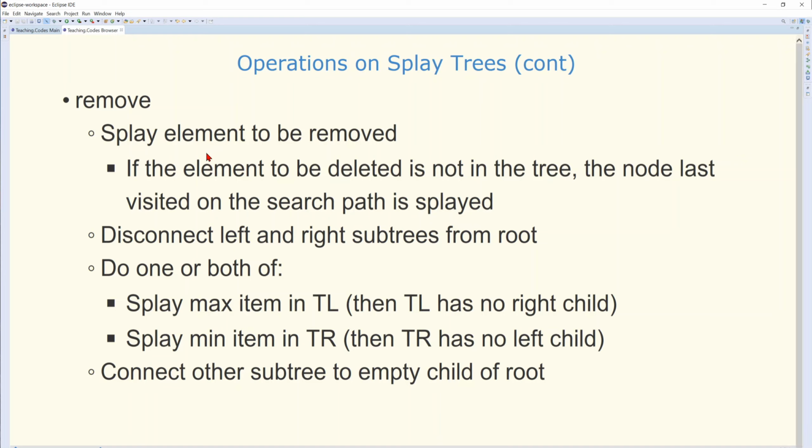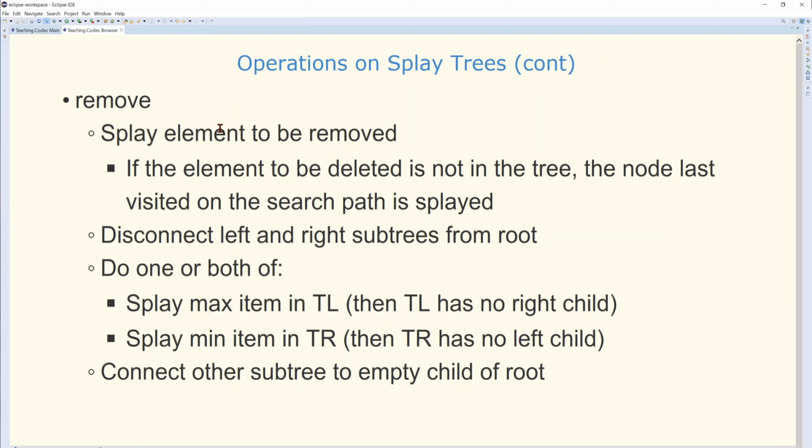Now, if the element to be deleted is not in the tree, like you want to delete something, but actually it doesn't exist in the tree, maybe in the database. So again, like what we did in the search case, because actually to be able to remove, you first try to find and then you remove it. So while doing that search operation, the last one you visited, since although you couldn't remove anything, at least you splay that one and you would be done with the remove algorithm.